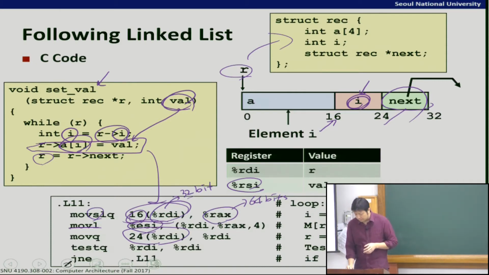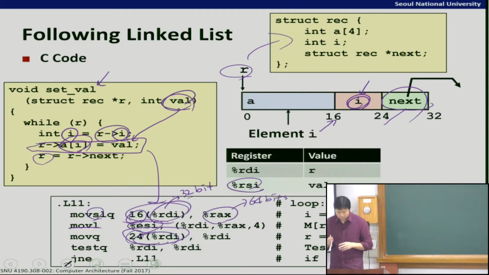So the compiler automatically generates this code to load the value of next and copy it to the RDI register. RDI holds the value of R in the current node. Then the next two instructions do testing: if the value is null, if it's 0, it exits the loop. Otherwise, it goes back to the header of the loop.